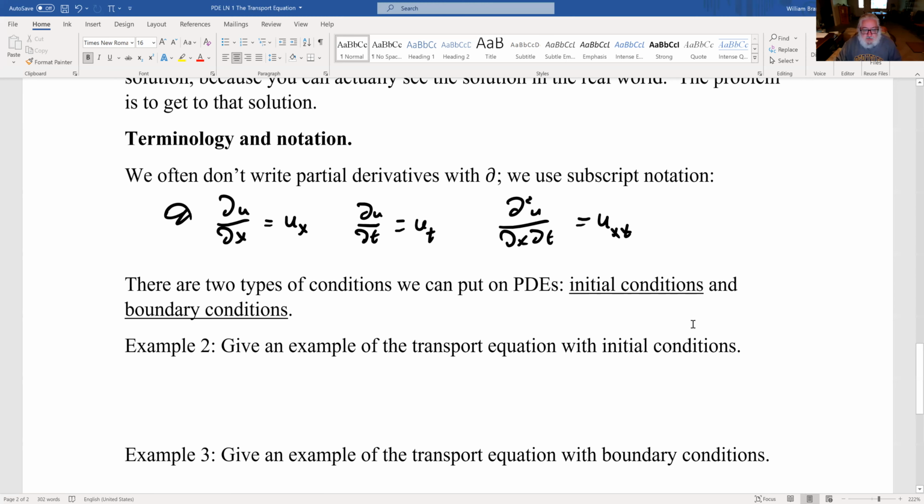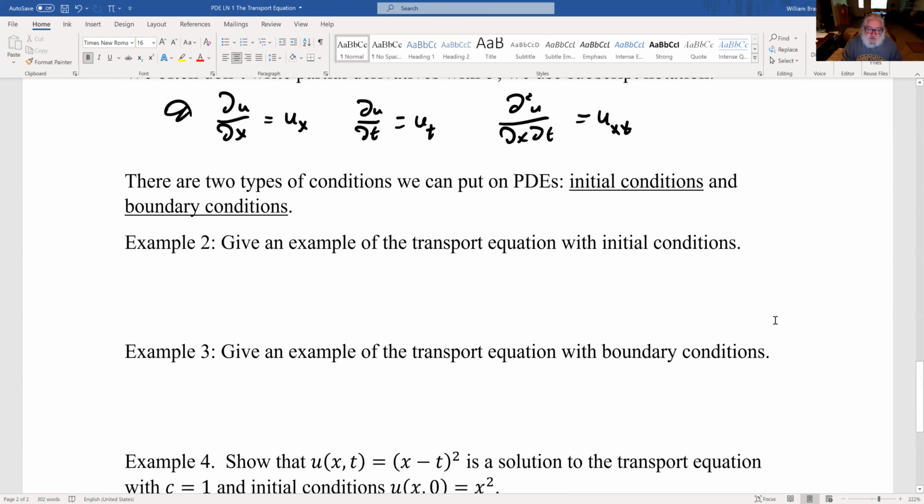Types of conditions that we put on: boundary conditions, initial conditions. Initial conditions are usually connected to our variable t, which we usually interpret as time because we are doing a lot of physical stuff. And boundary conditions are usually connected to x, and later in the course will be connected to y and z. And those are space conditions, right?